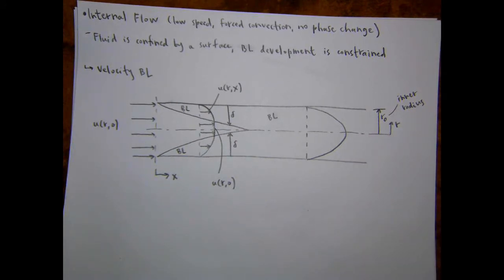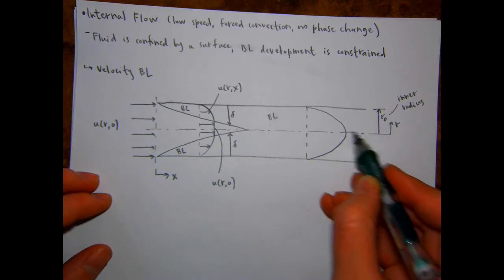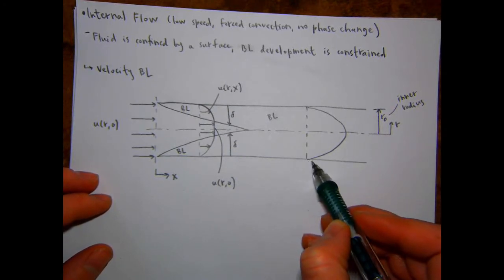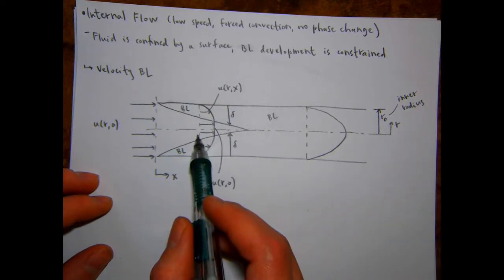Three-dimensional parabola. And the maximum velocity is in the center because it is feeling the least effects from the surface. It's furthest from the surface, but it's still somewhat reduced from the inlet velocity.